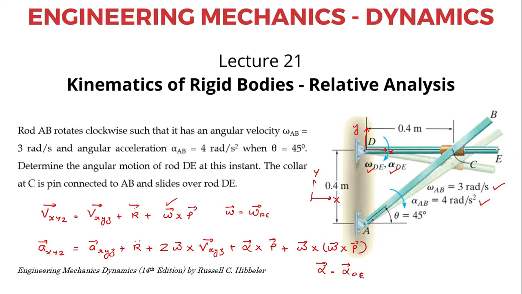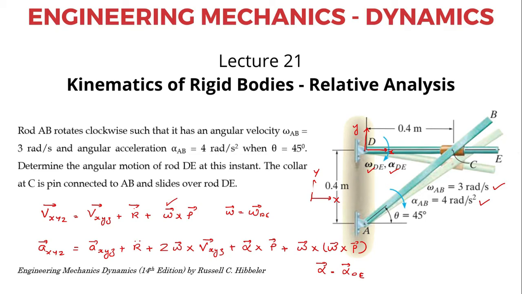So I can get velocity and acceleration of this collar with respect to the primary frame or the fixed frame XY. Remember this statement very carefully. This collar here is undergoing pure rotation with respect to point A. Since point A is fixed, we can get the velocity and acceleration of the collar C with respect to capital XYZ.